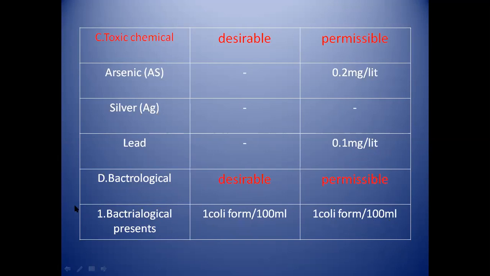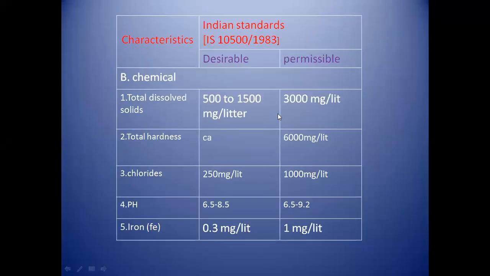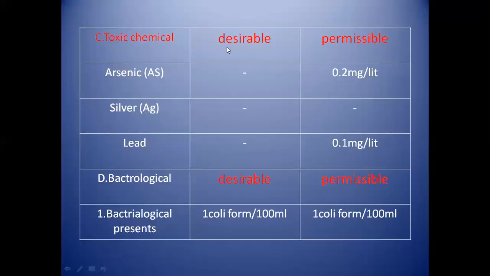That is, more than 1 coliform of bacteria is not allowed in safe water. Hope you all get these values of Indian standard as per IS 10500 and 1983. Hope you all get this point.